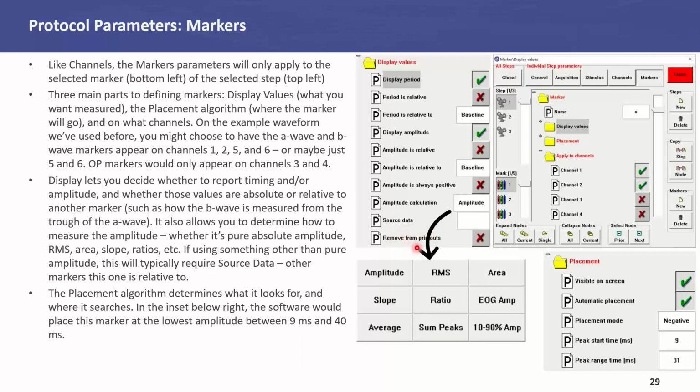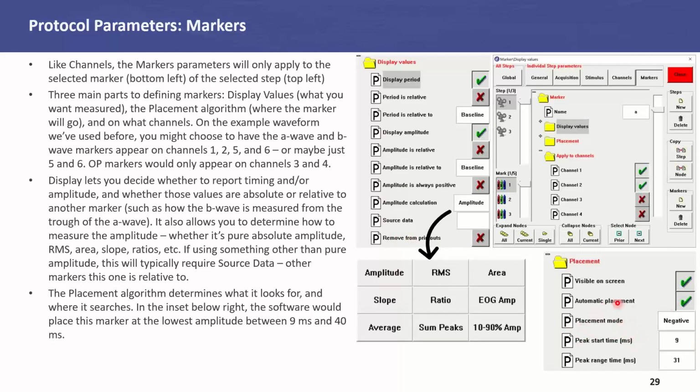You can also use them to measure, for example, the RMS of a portion of the trace, or slope, ratio, or the sum of a number of peaks. So you can actually do quite a lot with just the reporting within our software.